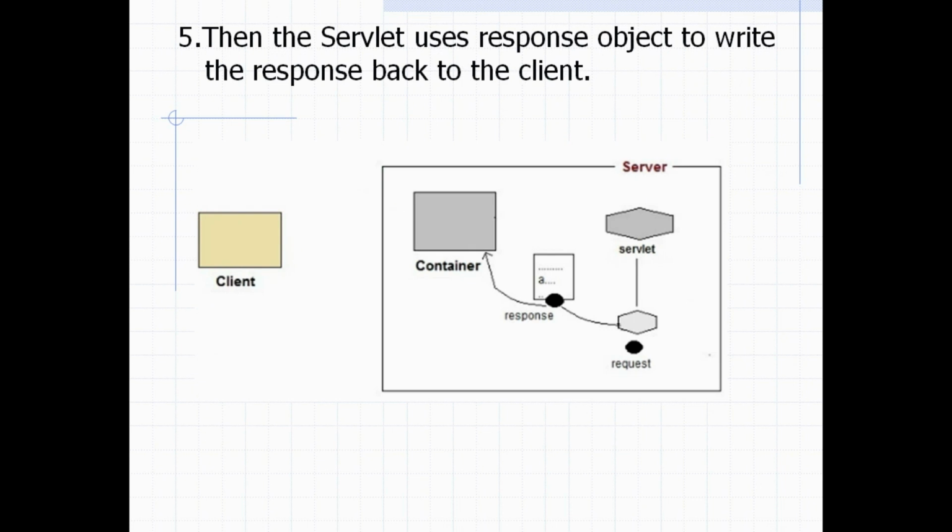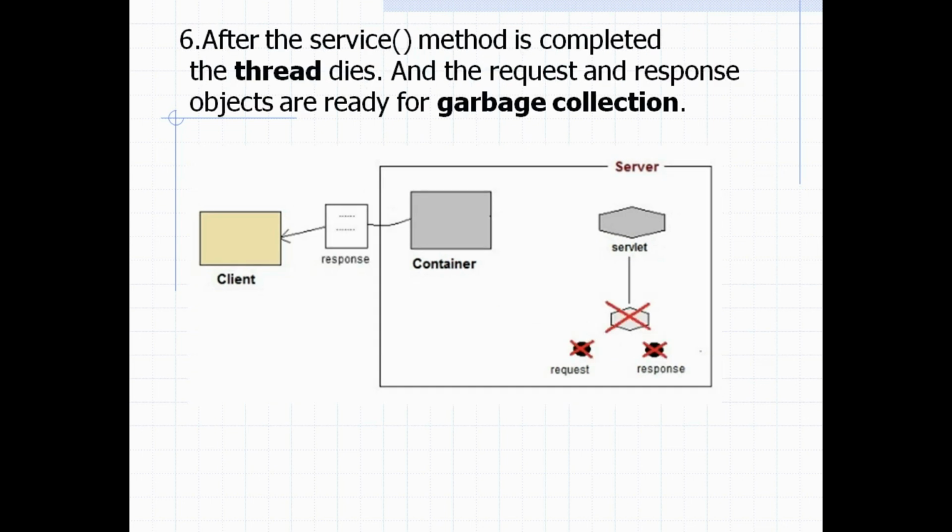Now the servlet uses a response object to write a response back to the client. In the same way the request comes from the client side, the server side sends a response to the client. Then after the service method is completed, the thread dies.